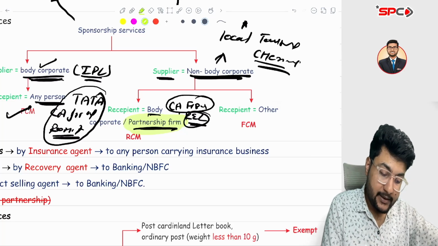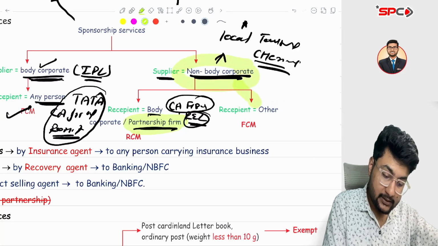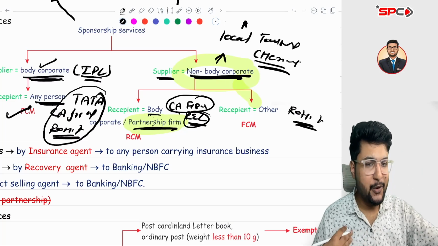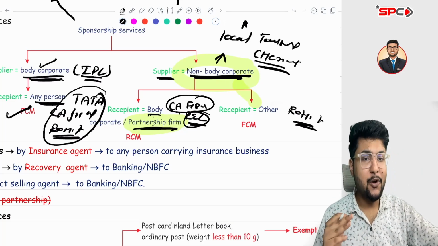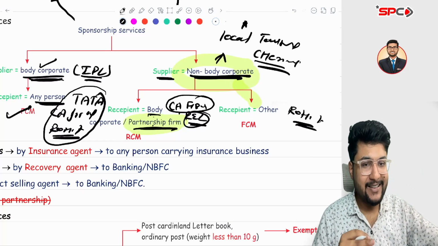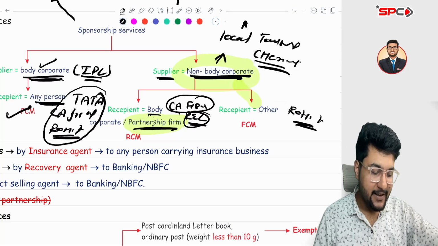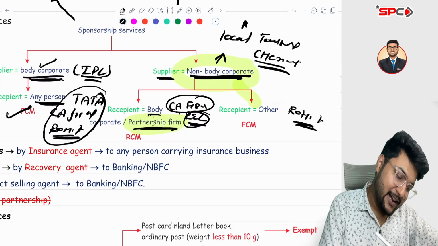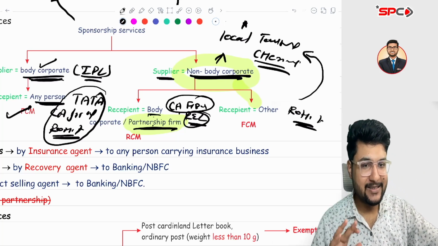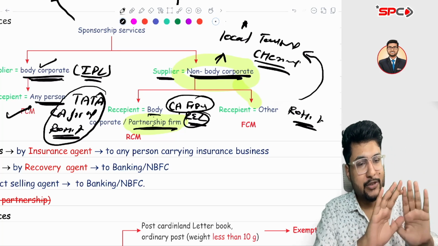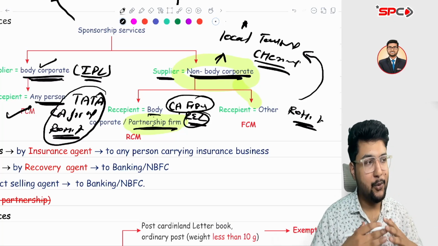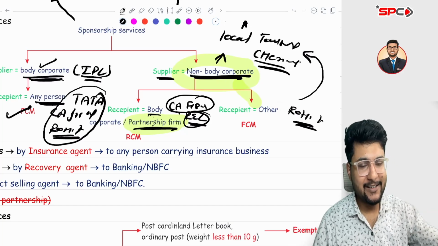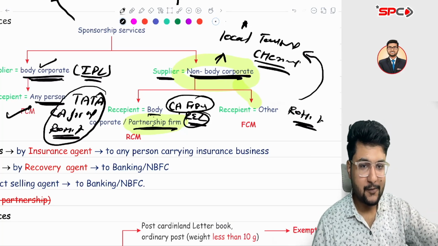But if a non-body corporate supplies to a person other than a body corporate or partnership, for example, your teacher Rohit is a very small teacher. He wants to promote his indirect tax English lecture, so he goes to a local tournament in Chennai and requests, Anna, could you please post a board on your banners of free indirect classes of Rohit sir of indirect tax.